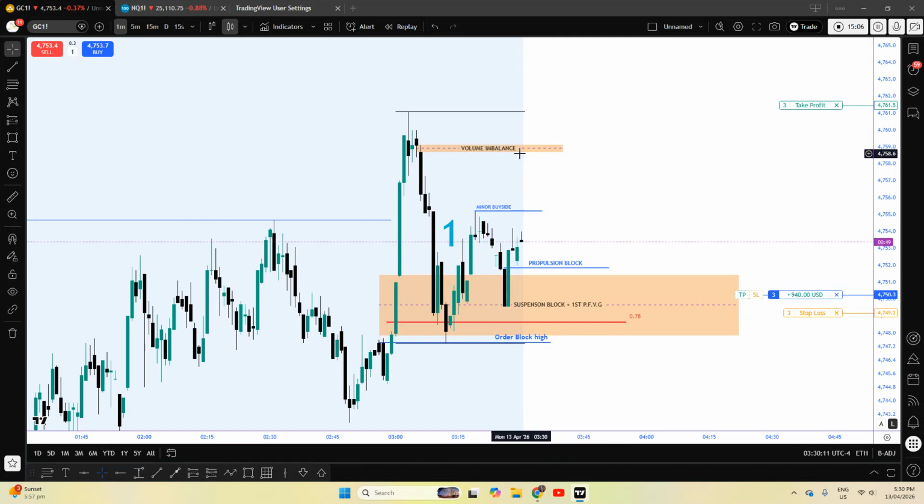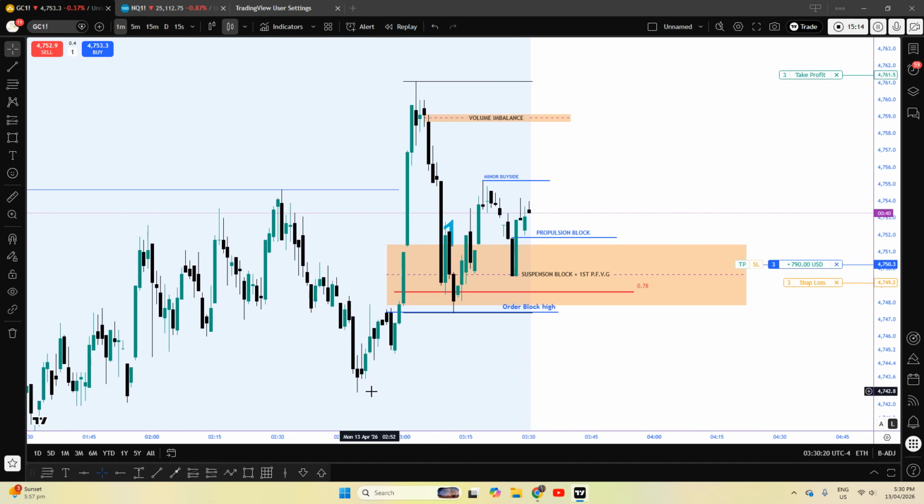It's a swing high there. You have a swing low here. So 78 is the retracement level between this low and this high. So let's see if we're going to survive this.